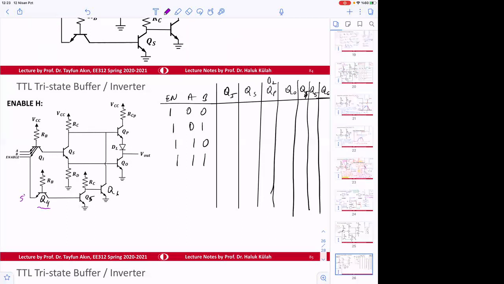So if we have 5 volts here, what is Q4? This junction is off. No, there's 5 volts here.